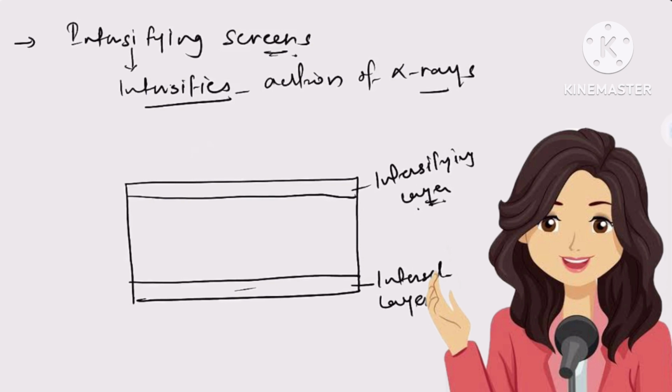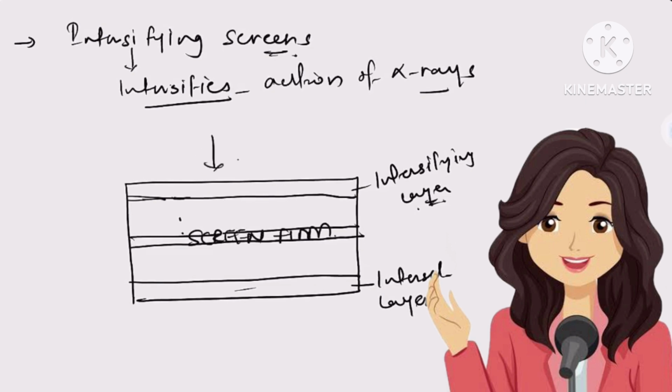When you expose film alone, it requires more radiation, and when you expose film with intensifying screen, the intensifying screen adds more value during taking the X-ray. What happens is basically this is intensifying screens, and then in the middle of it we keep the screen film.